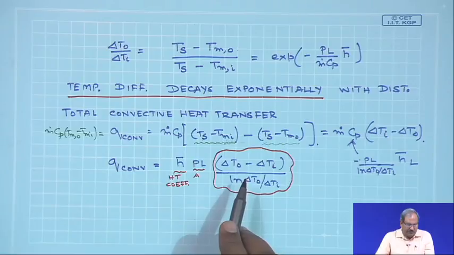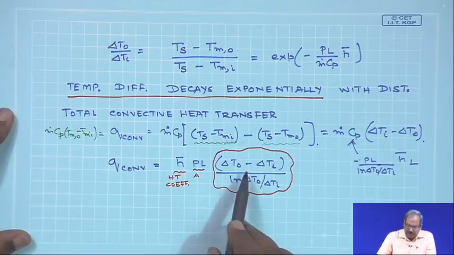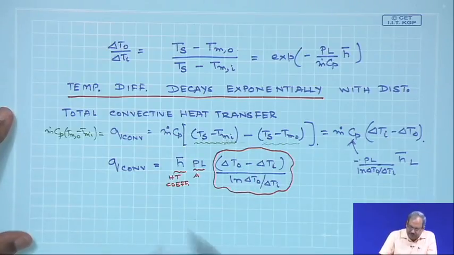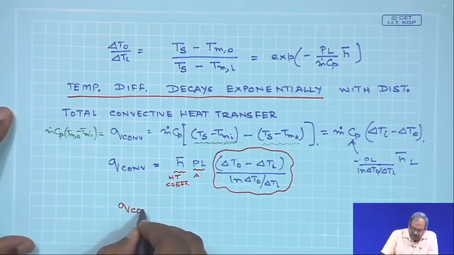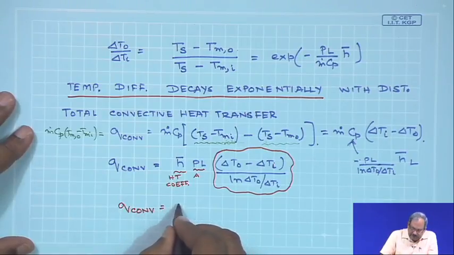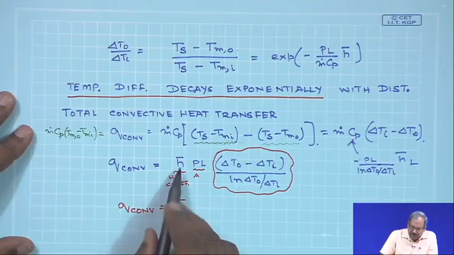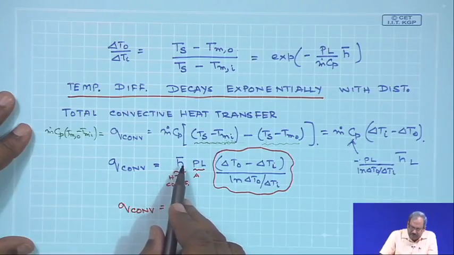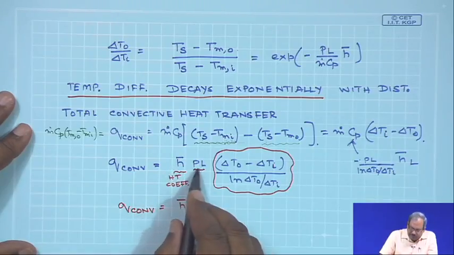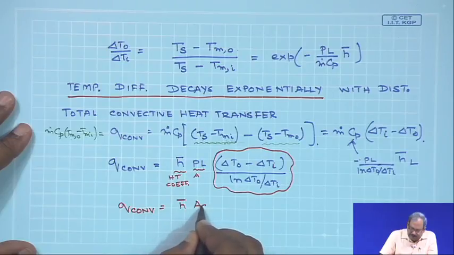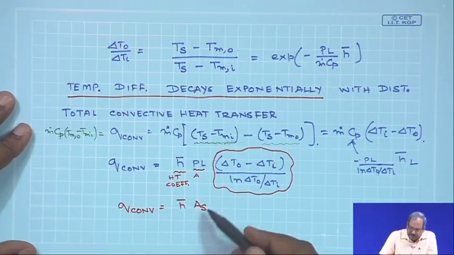This simply tells you, if I write the expression in this form, Q convection is h bar, which is the average heat transfer coefficient, times P L, which is nothing but A S, where A S is the surface area.